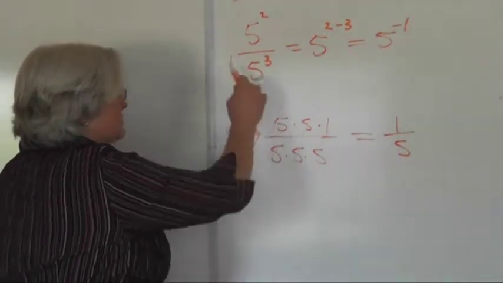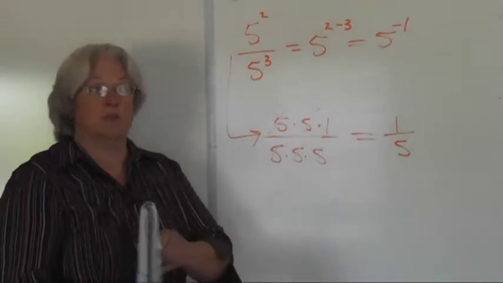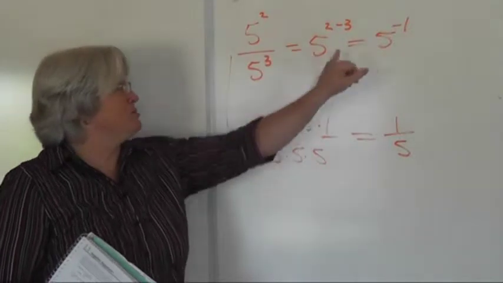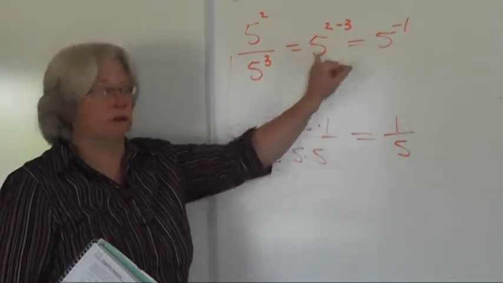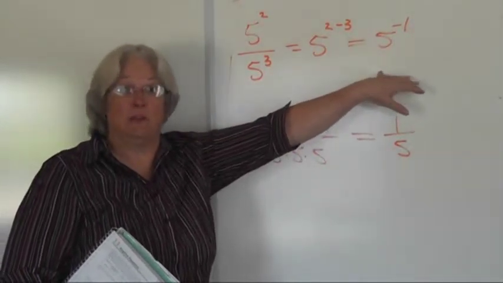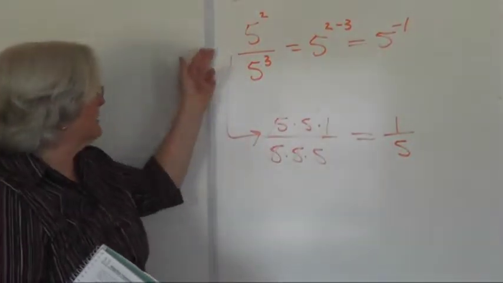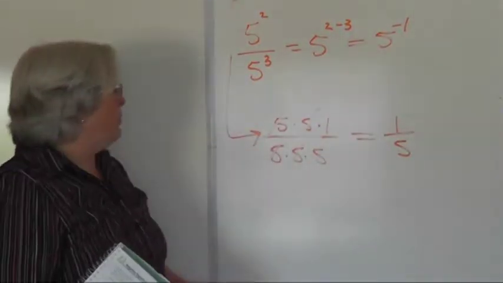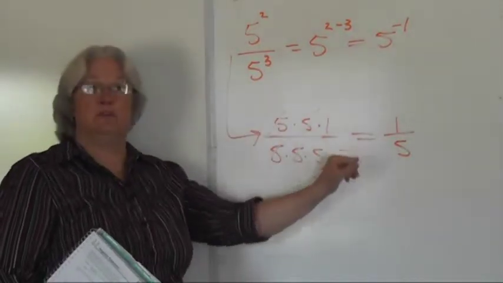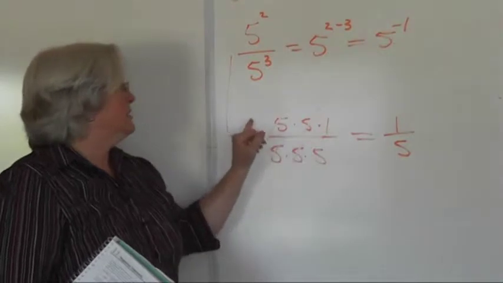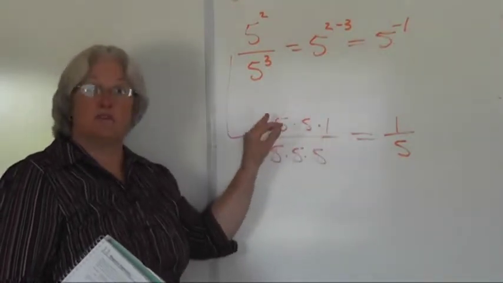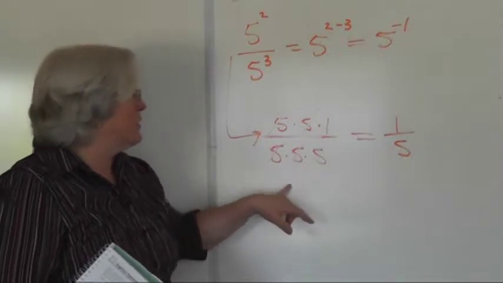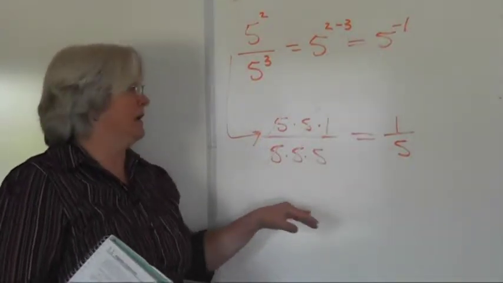We solved this problem 2 different ways. We first solved it in exponential form using our quotient rule where we subtracted the exponents. We got an answer of 5 to the minus 1. Secondly, we said, okay, I don't recognize what 5 to the minus 1 is. What happens if we just go ahead and do this in expanded notation? So we showed 5 used as a factor twice in the numerator. Then we showed 5 used as a factor 3 times in the denominator.